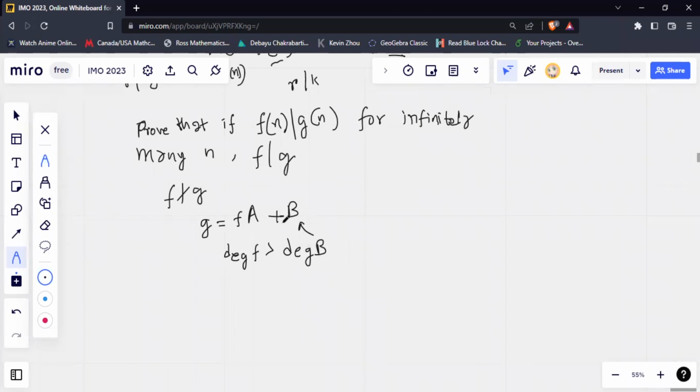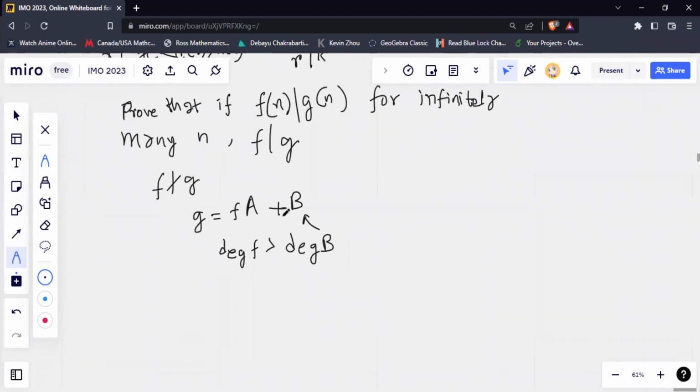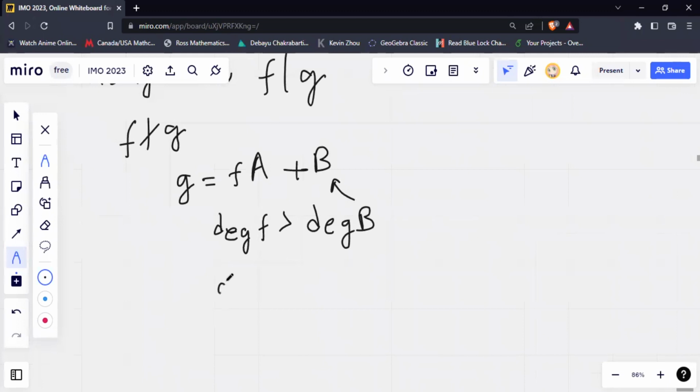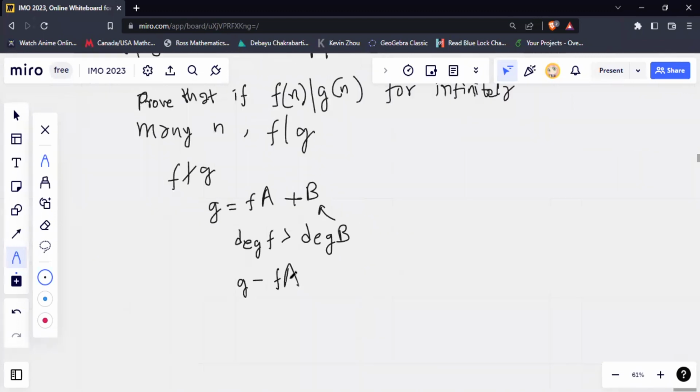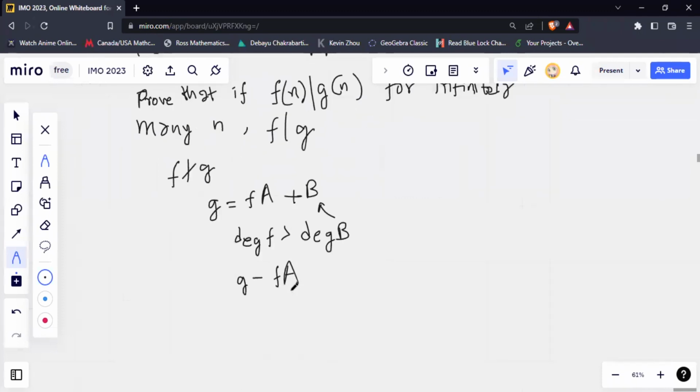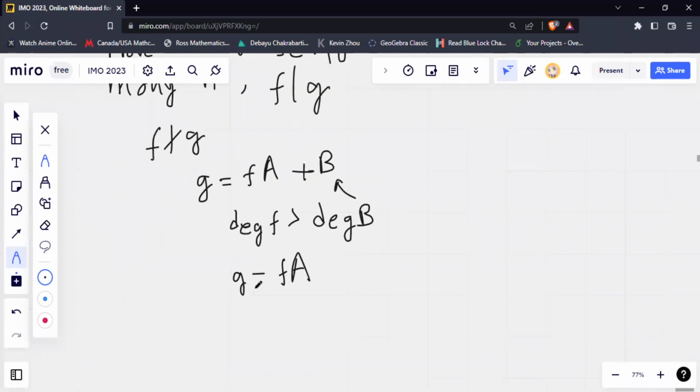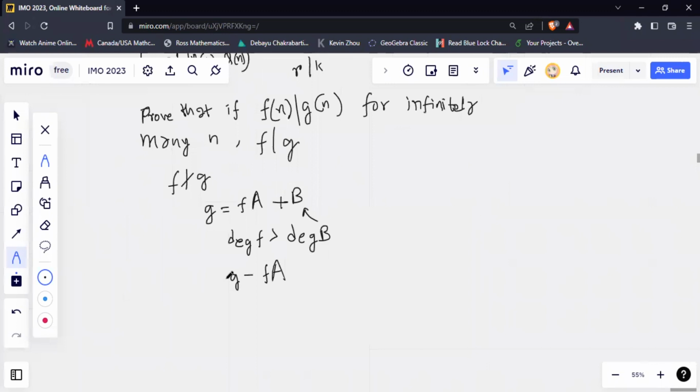Any ideas? Now consider the thing g minus f of a. It is divisible by f for infinitely many values of n, right? Yes.